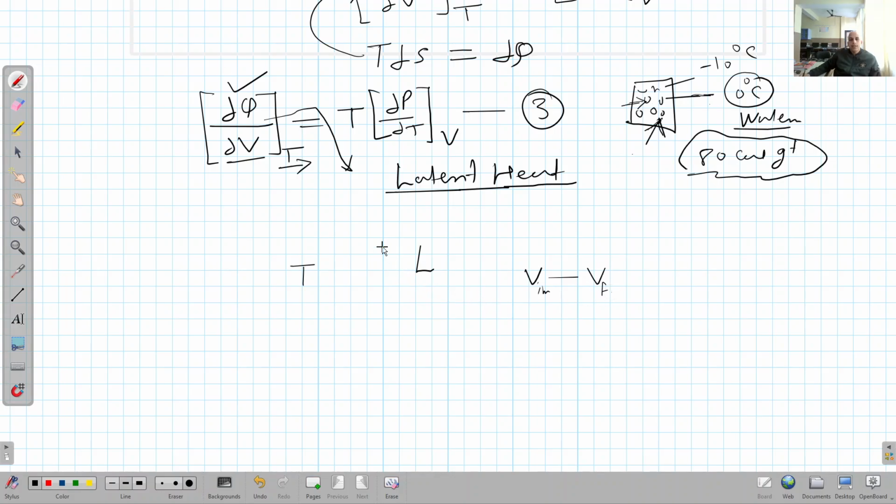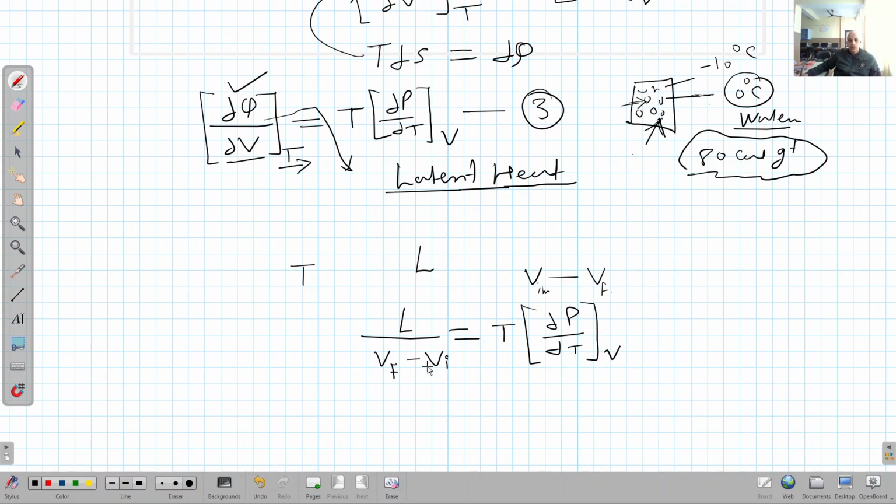Clear? So in this equation, we can put these values. So this will become L upon V final minus V initial, because V final will be more, that is equal to T curly P upon curly T at constant V.